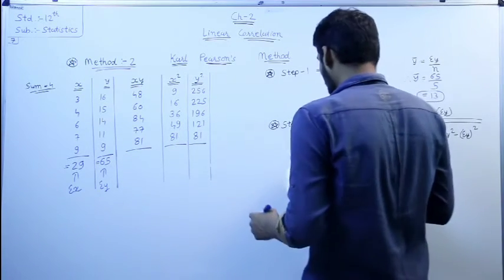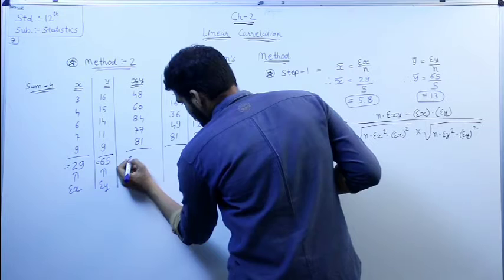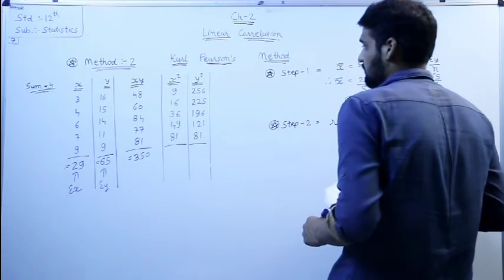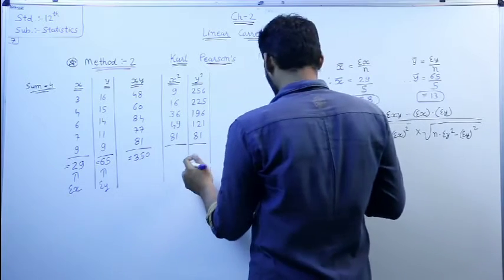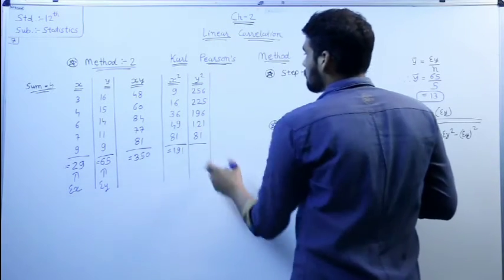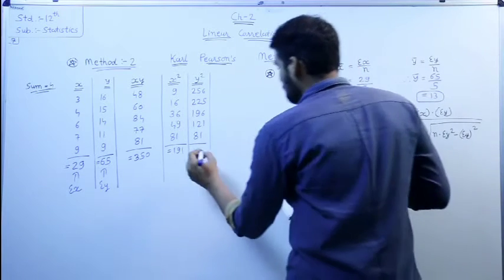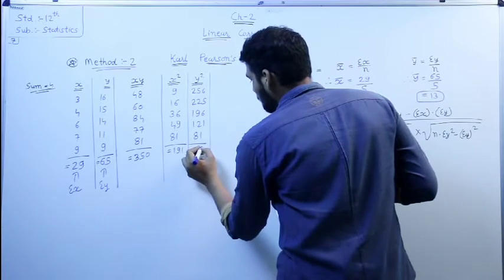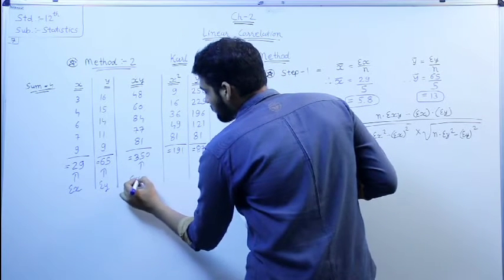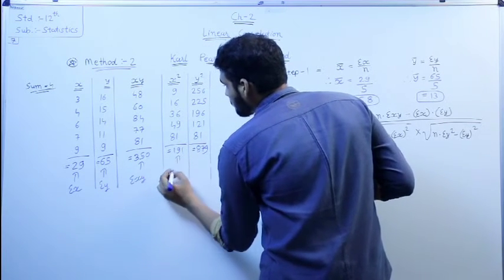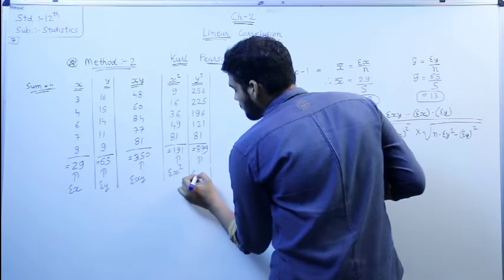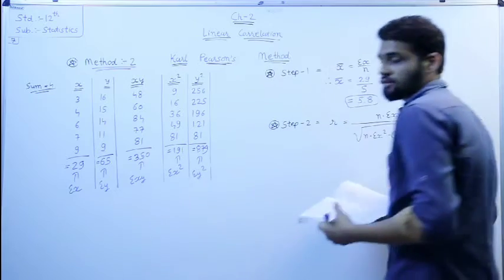So the total of sigma xy is 350. Then the total of the x square column is 191. Then the total of the y square column is 879. So it is denoted by sigma xy, sigma x square, and sigma y square.